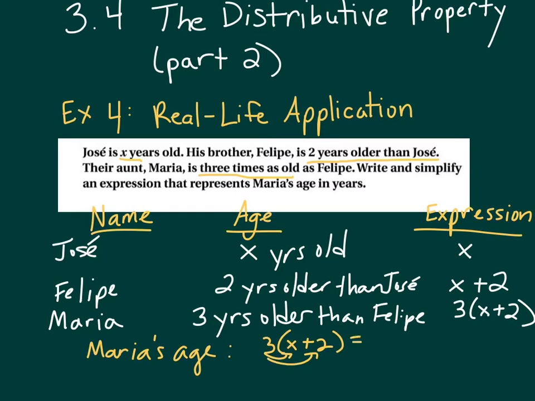So we would do 3 times x, and then add that, because it's an addition right here, to 3 times 2, because you've got to have the 3 multiplied by both parts. And then to simplify, you can't get 3x to go any lower, so it just stays 3 times x. 3 times 2 is 6. And so your final expression for Maria's age would be 3 times x plus 6.